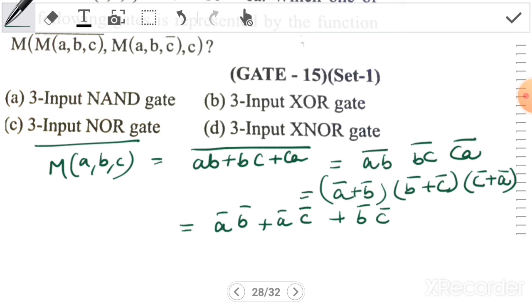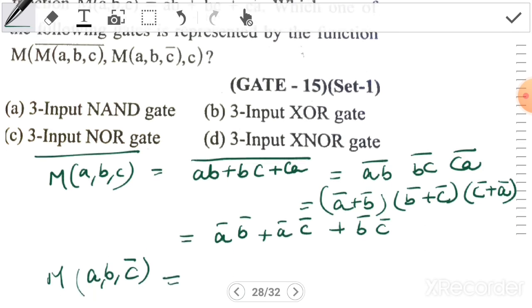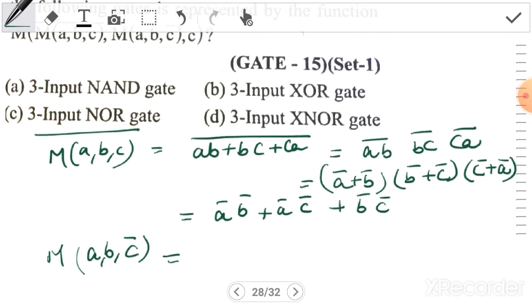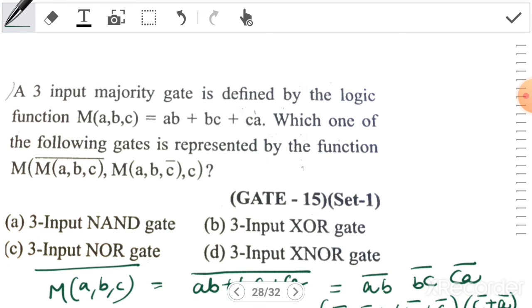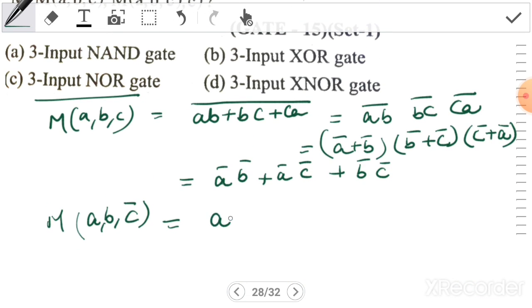Again, let's find M of ABC complement. So ABC complement is AB plus BC complement plus C complement A.